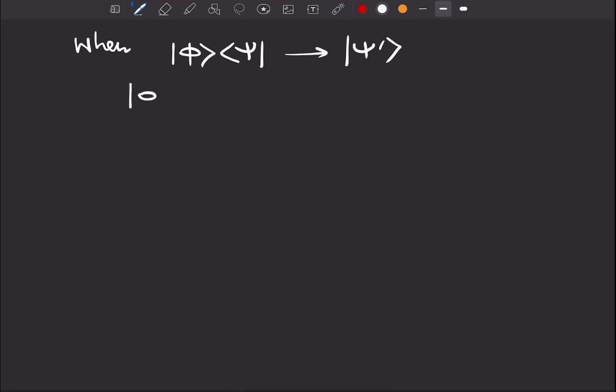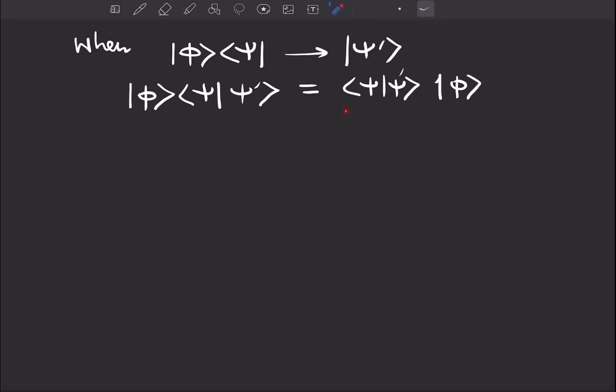See, ket phi bra psi is operating on a ket psi prime, which is equal to bra ket psi prime times ket phi, where this is a complex number.